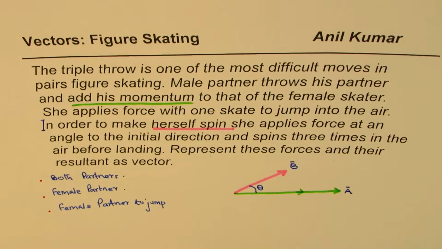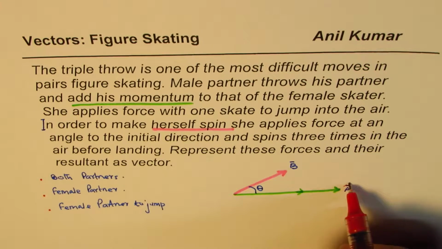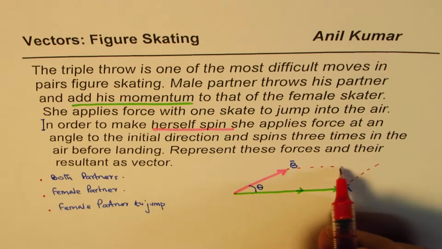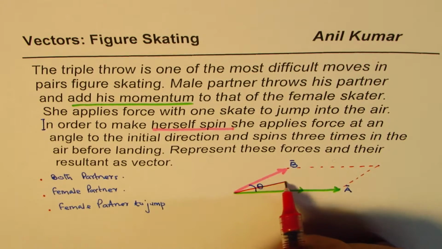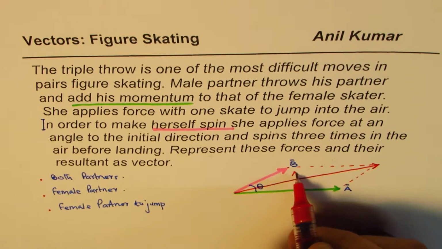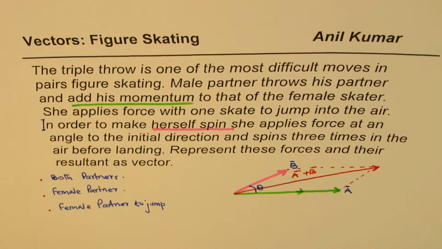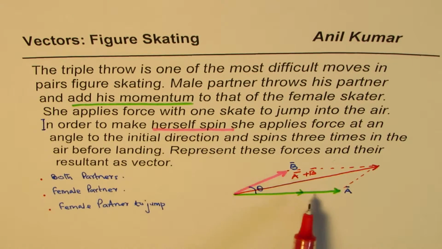So we'll take the resultant from here. The resultant of this is basically, you could make a parallelogram here. When you make a parallelogram, you get the resultant. So this force is A plus B. That is the force which adds both.